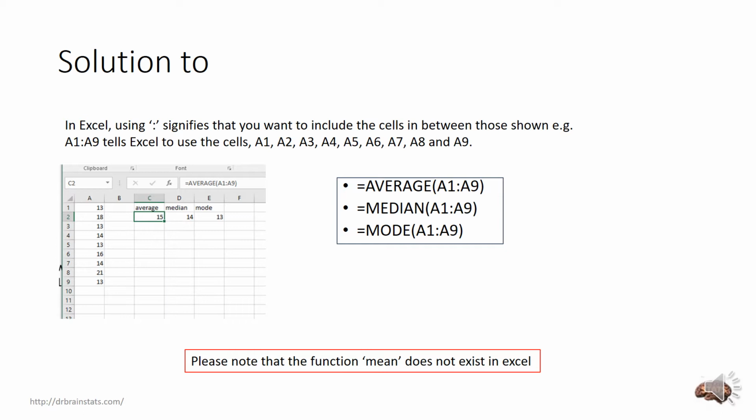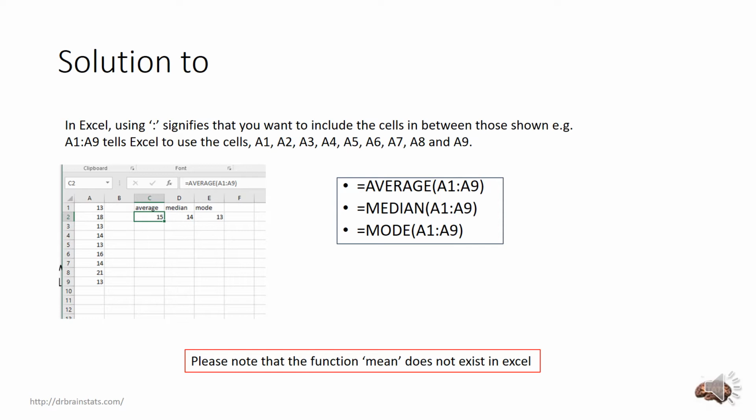As you can tell by the screenshot, we have put in the formula equals AVERAGE, open bracket A1, colon, A9, close bracket, to calculate the average of all these values. Using a colon is a shortcut to stop us writing A1, comma, A2, comma, etc. As you can tell, the shortcut is very useful and very powerful.